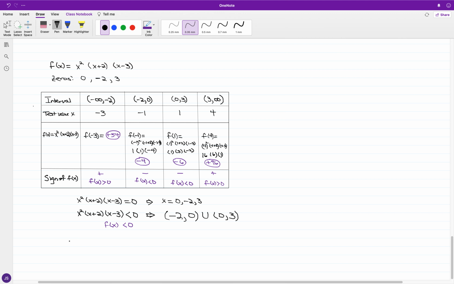And I'm throwing this in also because there might be an item that might throw in this little bit of a loop. If I have x squared times the quantity of x plus 2 times that of x minus 3 to be less than or equal to 0, and we have whereupon f of x is less than or equal to 0, so I'm looking at applying the same limits.